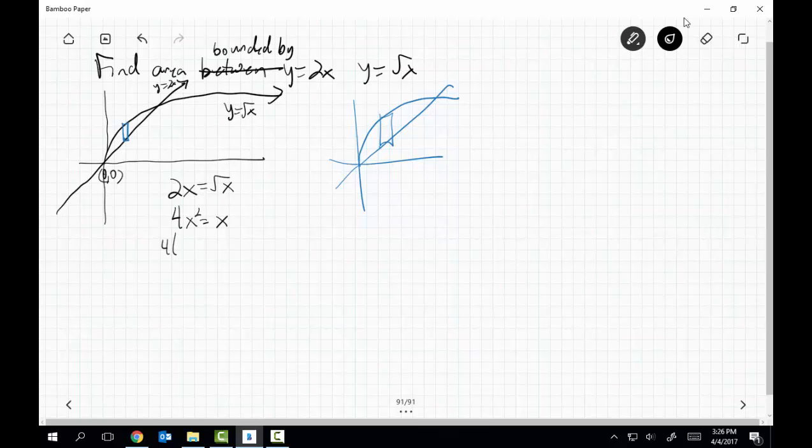I get 4x squared minus x equals 0. Factor out an x, and I get x times 4x minus 1 equal to 0. So I get x equals 0 and x equals 1/4. Good Lord, what a mess that was.